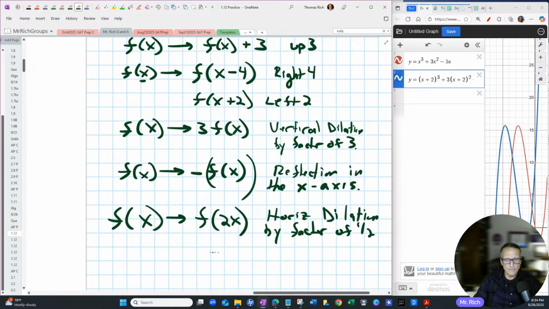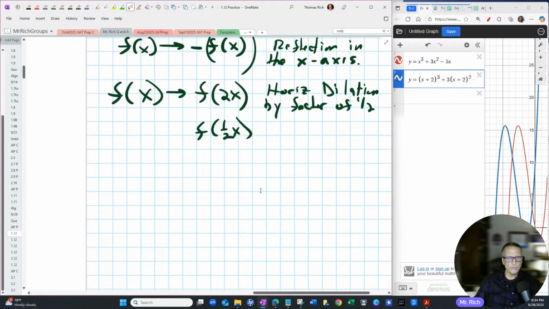If we did f of 1/2 x, that would be a dilation by a factor of 2, which would be like a horizontal stretch, as I made all of those points on the function twice as far from the y-axis. All right, and then the last one is when we replace the x with a negative x. And as I'll show you, we have to be able to do multiple transformations on one function.